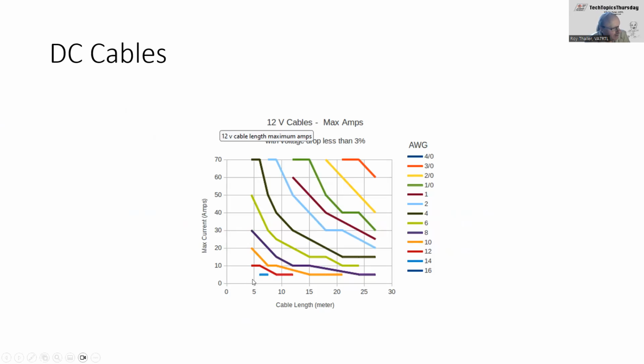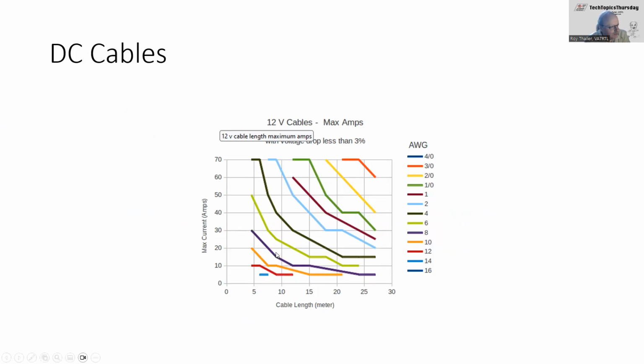If you're using size 10 wire, which is the orange one, 20 amps is for 5 meters. As the wire gets longer, it drops down. At 20 meters, you're probably only supposed to use it at about 7 amps.